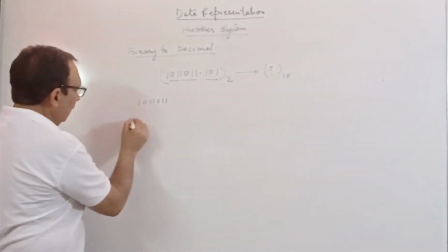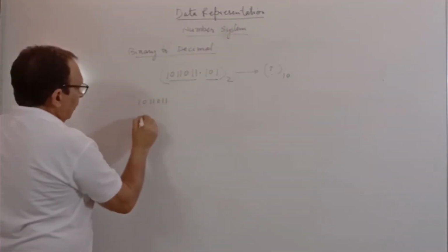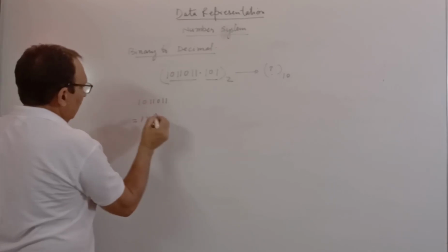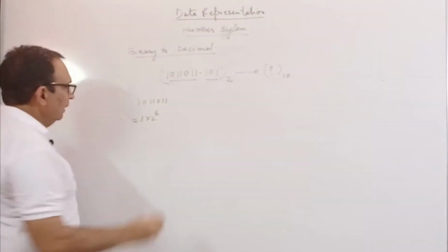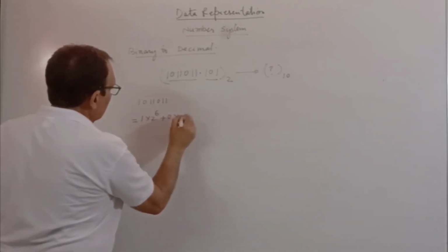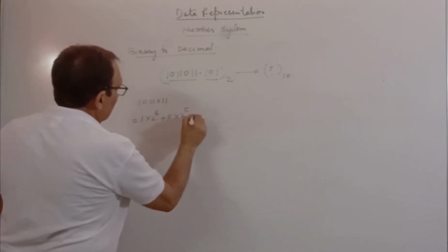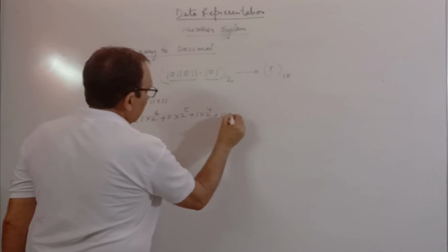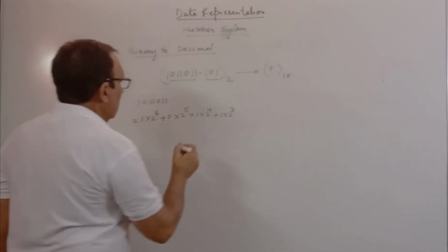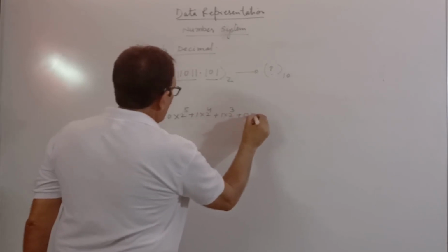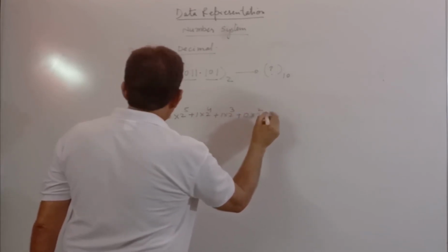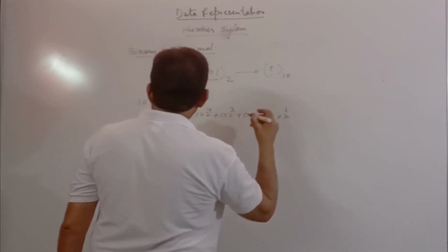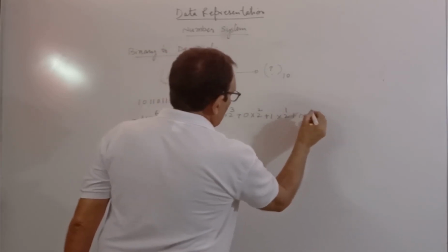So let us write this one: 1 into 2 raised to the power 1, 2, 3, 4, 5, 6, 7, so it is power 6. 0 into 2 raised to the power 5, 1 into 2 raised to the power 4, 1 into 2 raised to the power 3, 0 into 2 raised to the power 2, 1 into 2 raised to the power 1, plus 1 into 2 raised to the power 0.